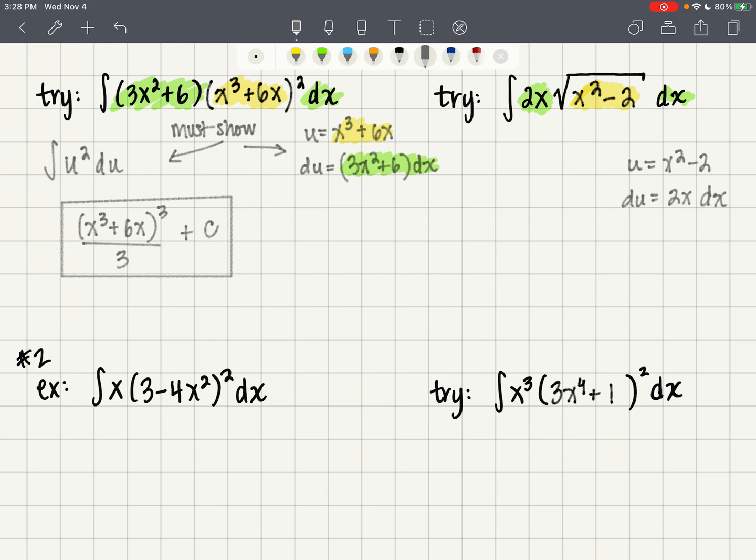That's exactly what we have here. So we'll have the integral of the square root of u du, and then the integral of u to the 1/2 is u to the 3/2 multiplied by 2/3, and then we're going to substitute back in 2/3 times x squared minus 2 raised to the 3/2 power plus c.